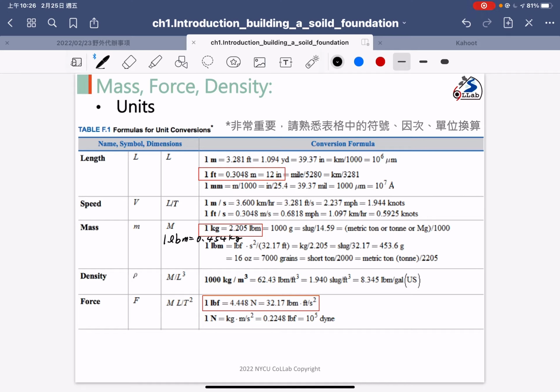You need to directly know the conversion factors between two units.